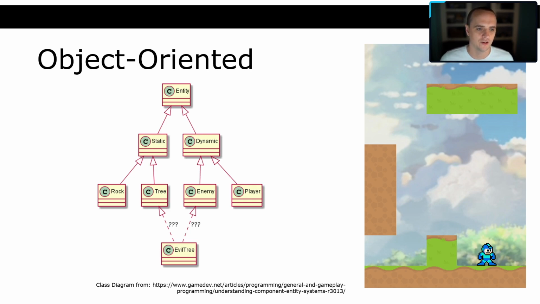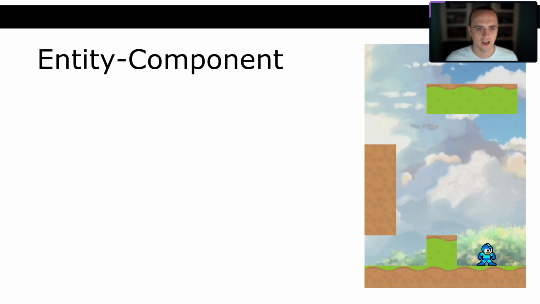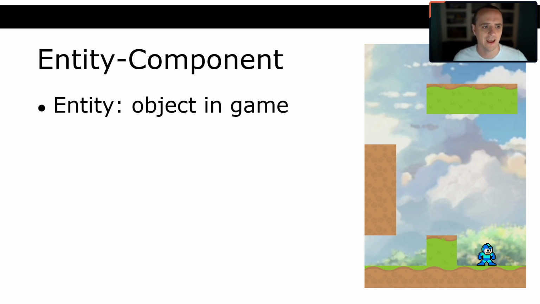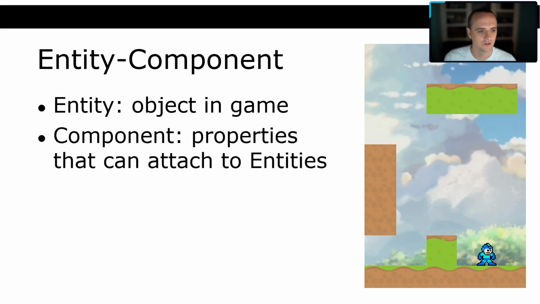So object-oriented design for video games is not the best way to go about it. Let's look at entity component architecture instead. In entity component architecture, an entity is any object in the game, and a component is just some data or properties that we can attach to entities.